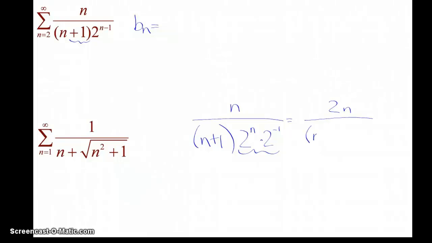So it's acting, really it's acting like that. 1 is 2 times n, and the 1 in the bottom is 2 to the n. For large n, it's not really having any effect there. So for large n, this is pretty much acting like 2n over n times 2 to the n. Algebraically, those disappear.